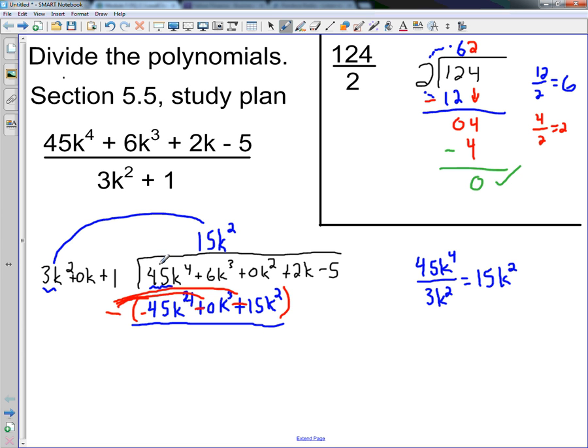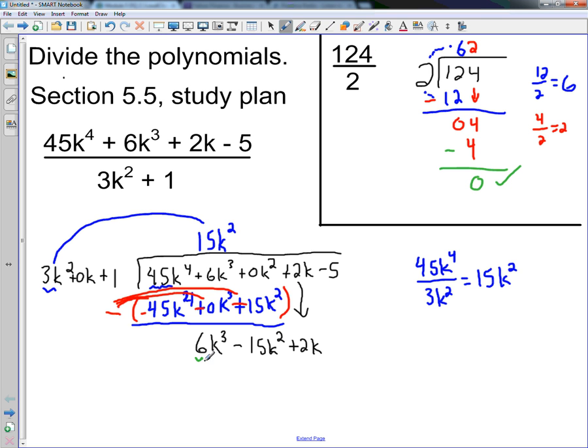Those should cancel out if you've done it correctly. 6k cubed minus 0 is still 6k cubed. Then 0k squared minus 15k squared, so we get minus 15k squared, and bring down the plus 2k. That's the entire process. Now we just keep repeating it until we run out of parts.